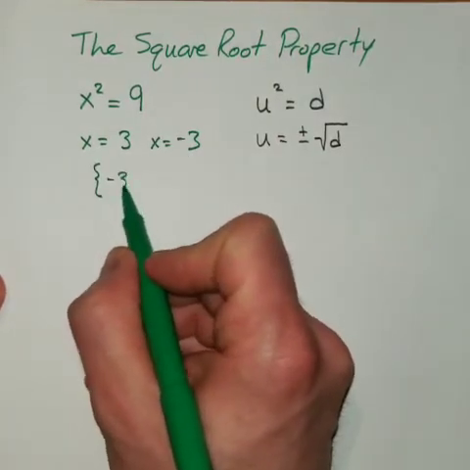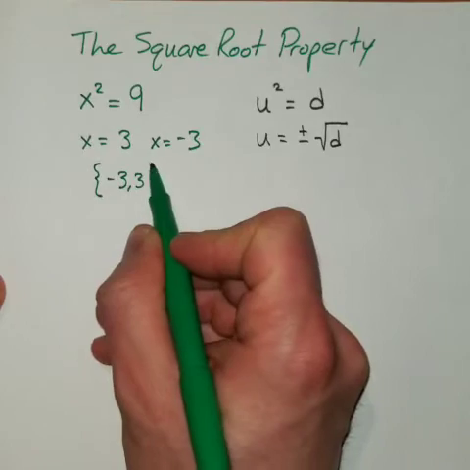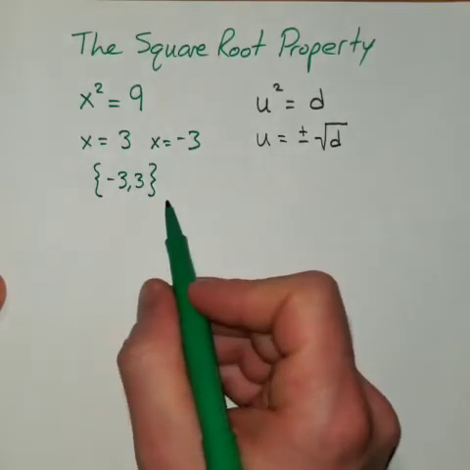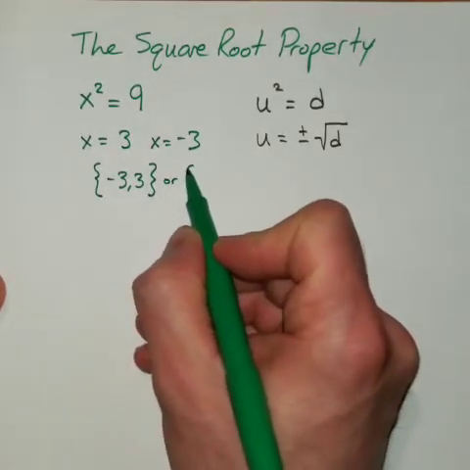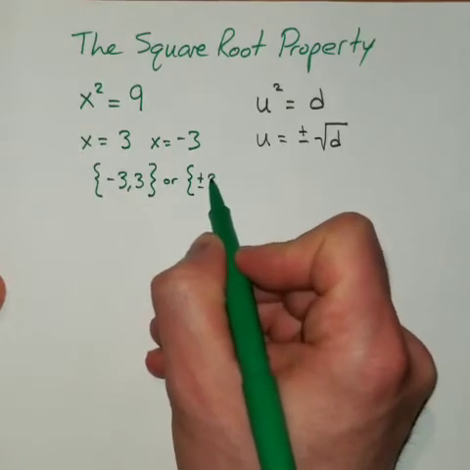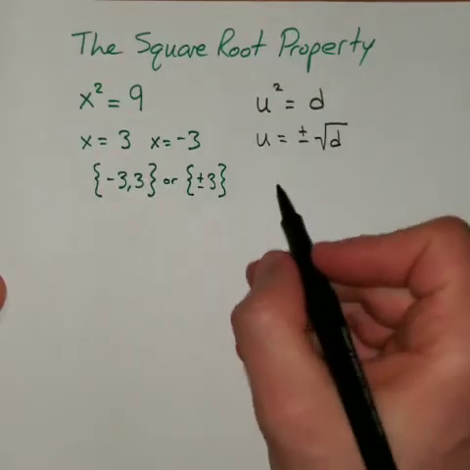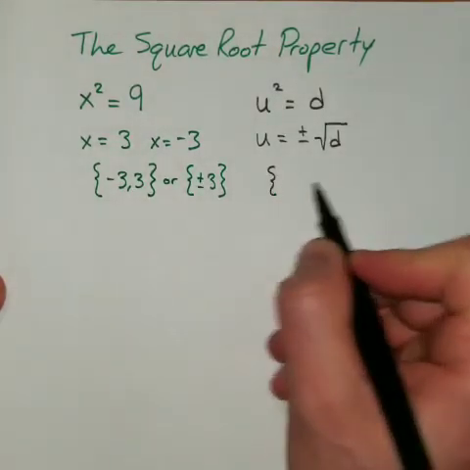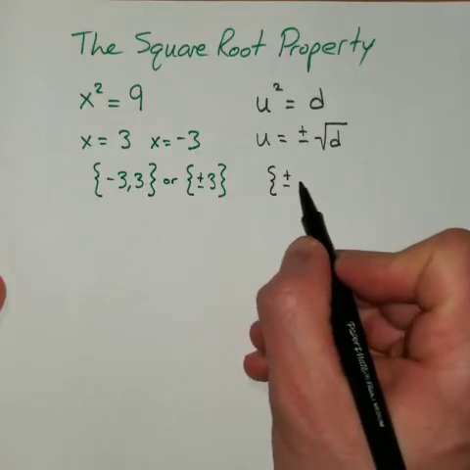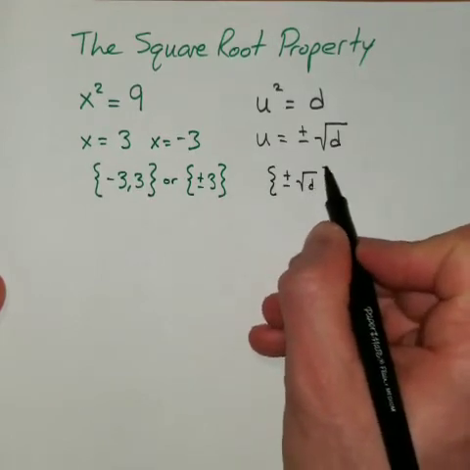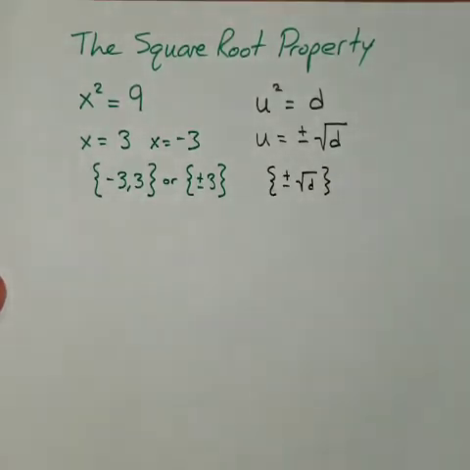So we have negative 3 and 3. Now, if you want to combine those into a single notation, say plus or minus 3, I would be okay with that. And so here you would have the solution set of plus or minus square root of d. So that's the general square root property.